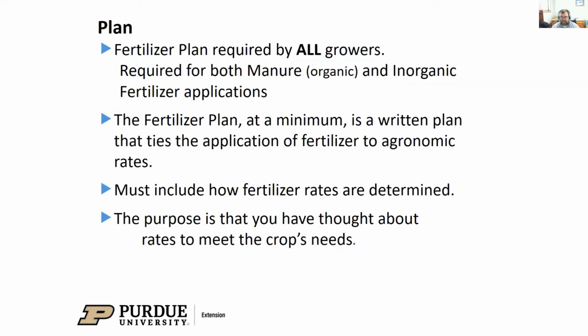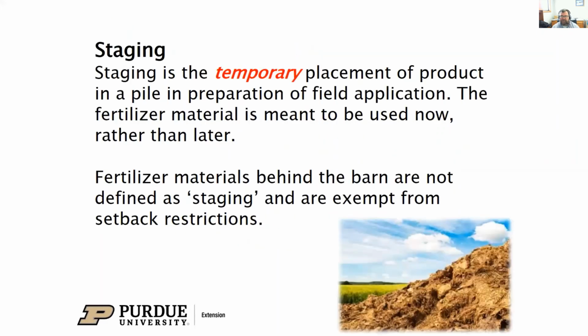And I just want to go through, real quickly, the plan for both, as I already mentioned, for manure and inorganic fertilizer applications. And I think most crop growers do work with somebody with a firm or an agronomist, or they have their own plans as to what type of rates they're using. And so that's really what you need, just some kind of documentation if there are ever questions.